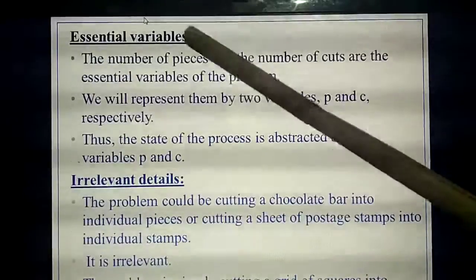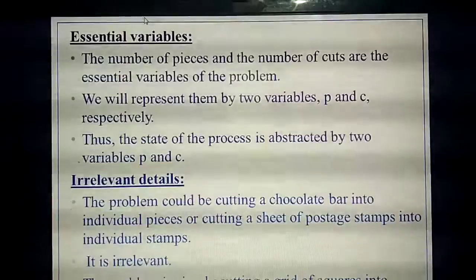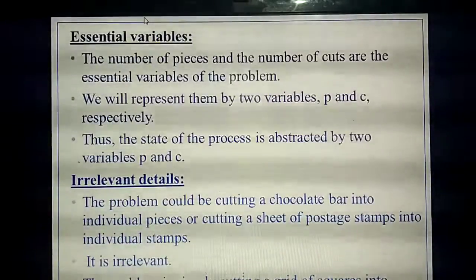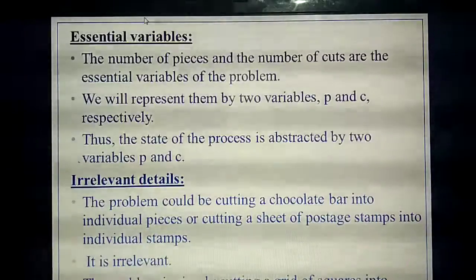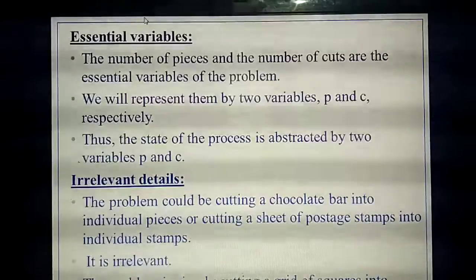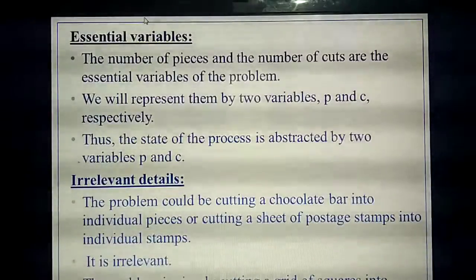We give these two variables the names P and C. P represents the number of pieces, and C represents the number of cuts. So what do you mean by state?